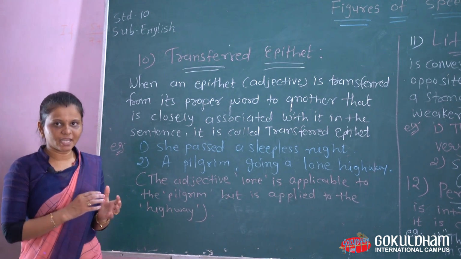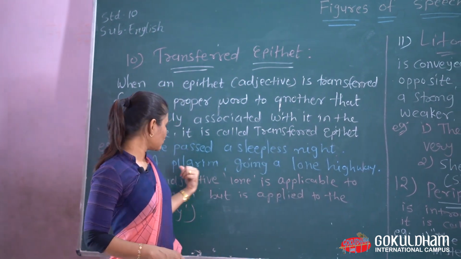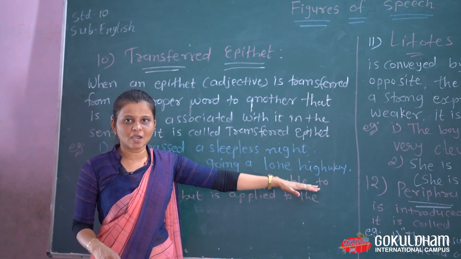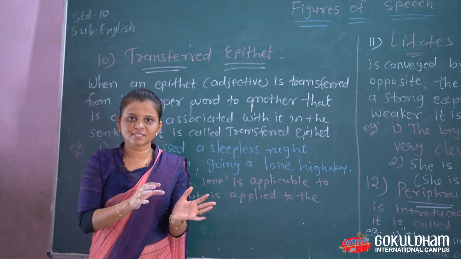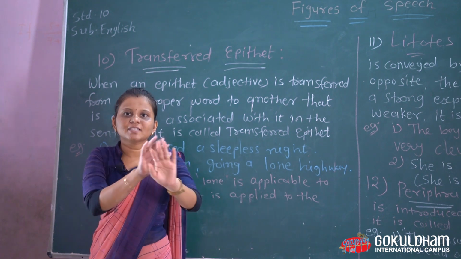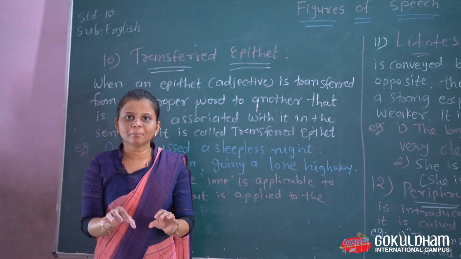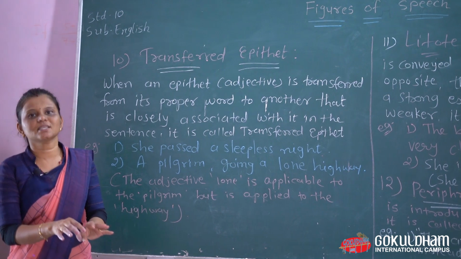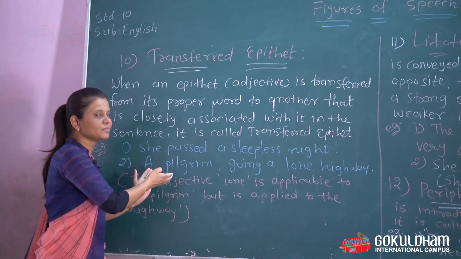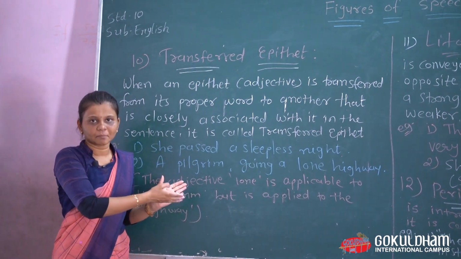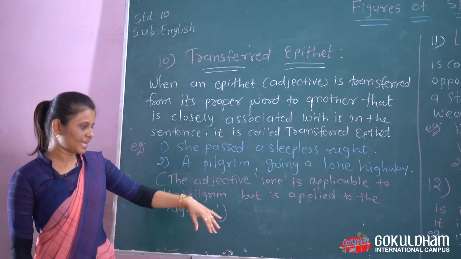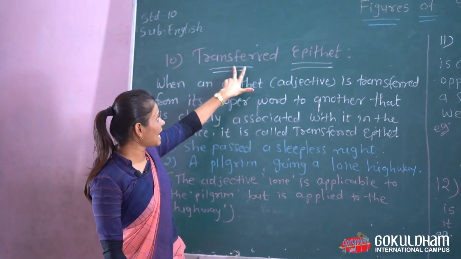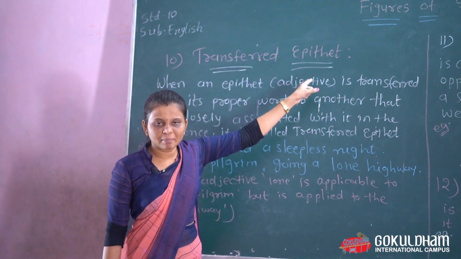That means they use lonely in place of pilgrim, they use it here for highway. That means the pilgrim is alone going, but this shows that the highway is lonely. No person is on that highway, in place of the lonely person, the pilgrim. So the adjective is changed in its place. That's why we call it transferred epithet.